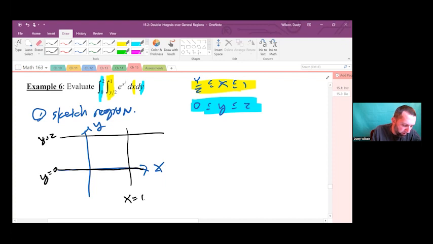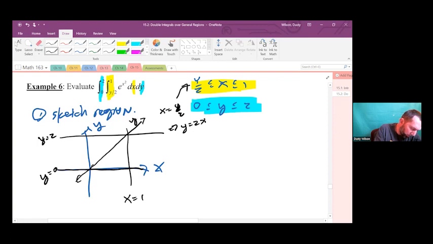And we know that also here you could have x equals y over 2, which would be the same thing as y equals 2x. And so that would be over 1, up 2, y equals 2x.